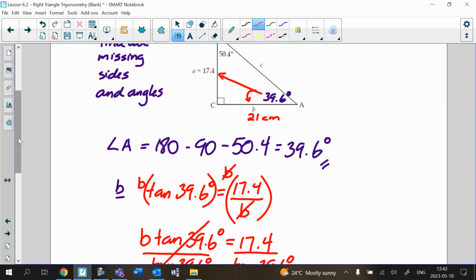So I'm going to do trig again. I'm going to use this, and I'm going to use opposite over hypotenuse. Remember, this was opposite over adjacent. So to find C, I'm going to use sine, just because I like to use trig.